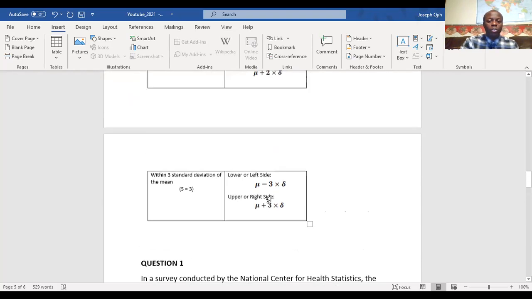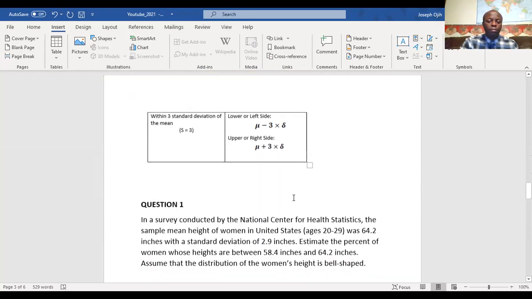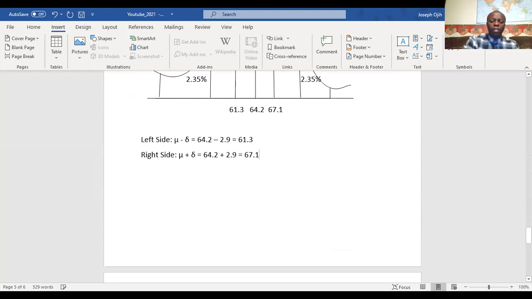Let's look at the 2 standard deviations, which is here: mean minus 2 standard deviations, then mean plus 2 standard deviations. So for the left side, we have mean minus 2 times standard deviation, which is 64.2 minus 2 times the standard deviation of 2.9.